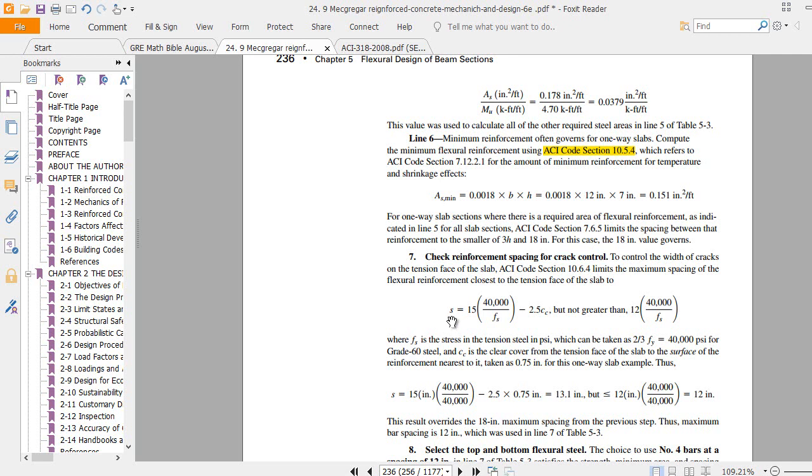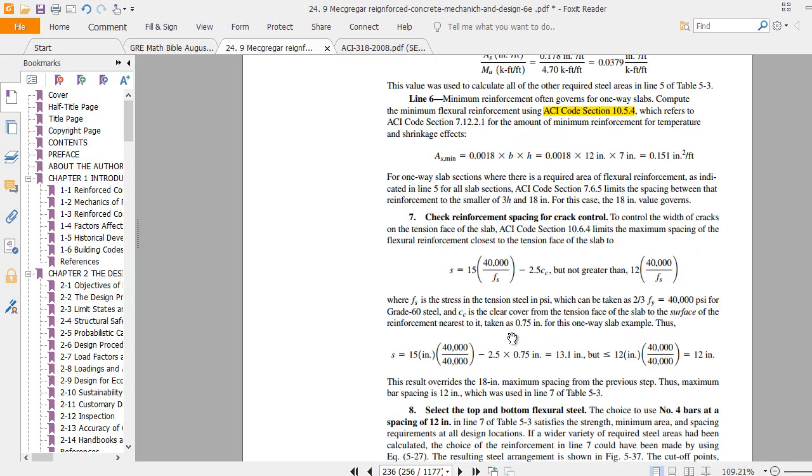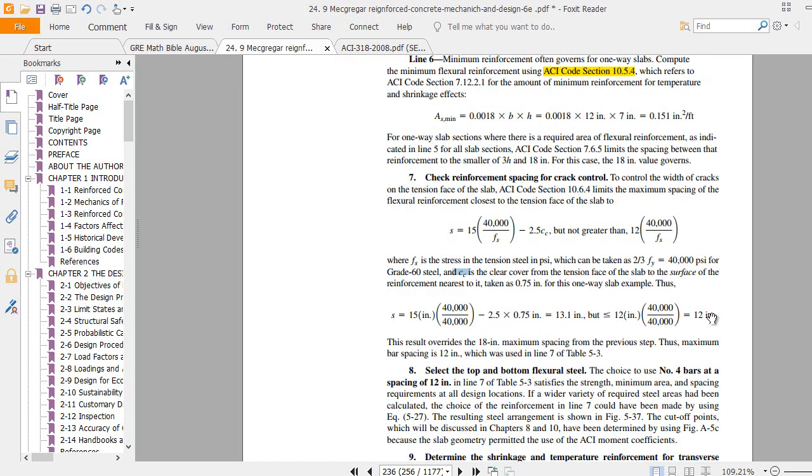That spacing equals 15 times 40,000 over fs minus 2.5 cc, but not greater than 12 times 40,000 over fs. So how can we calculate fs? fs is 2/3 times fy, that is 40,000 for grade 60 steel, and cc is 3/4 inch, which we already selected. So here you see 12 inches. In this case 12 inches governs.